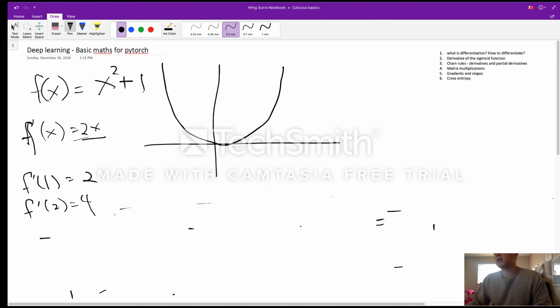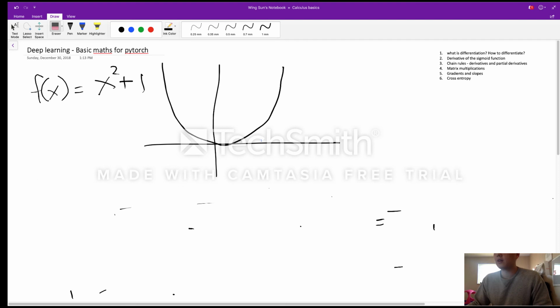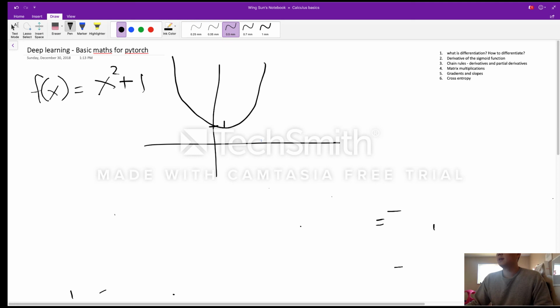That's the reason why any derivative of a constant will be 0, because what this is saying is you move this thing up by 1, but it doesn't really change the shape of the curve, right?